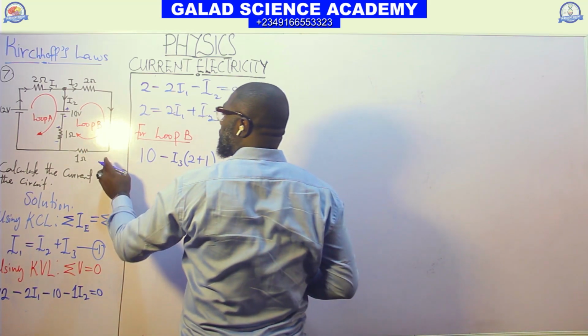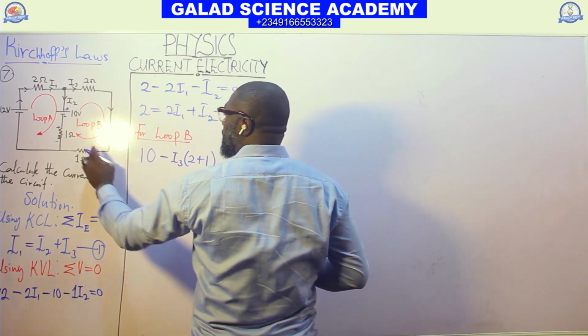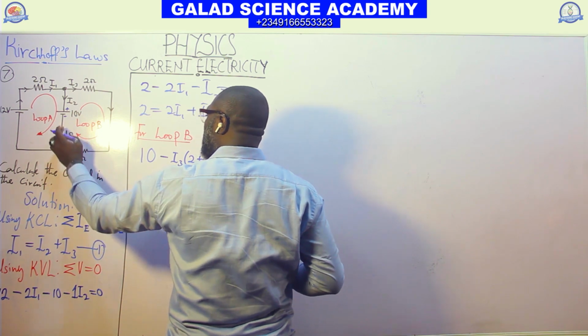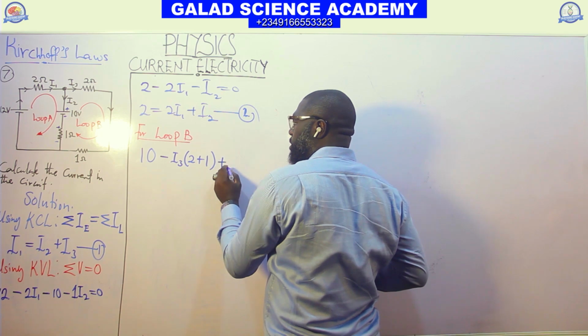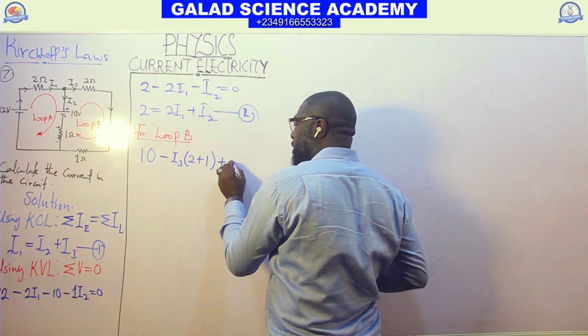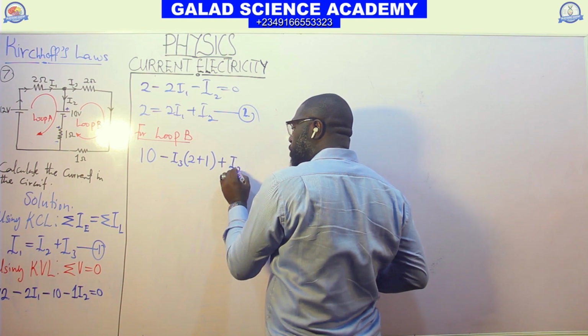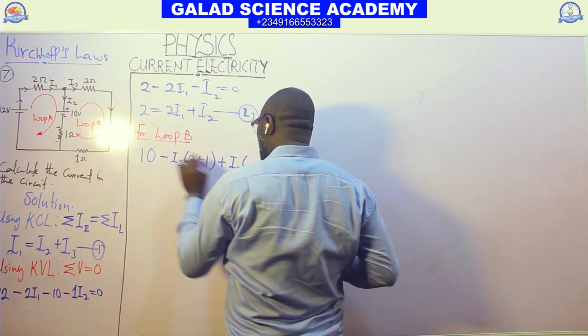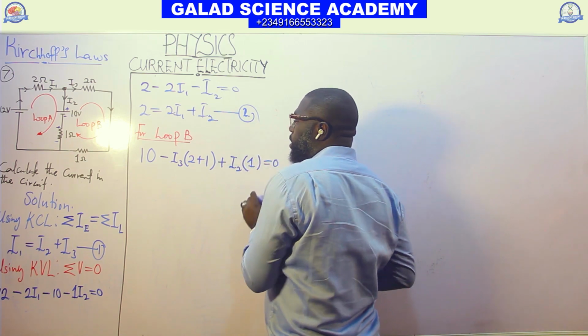Then going back like this, one is going up. It should be a rise, plus I2 into bracket this 1 ohm resistor, equal to 0.